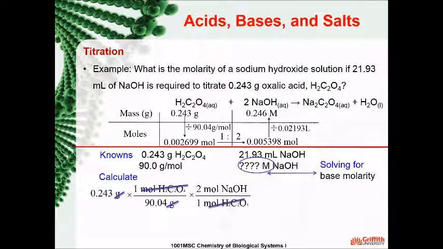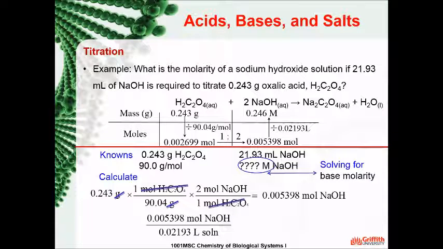Cancel the similar units, and the answer is 0.005398 moles of sodium hydroxide. The molarity of the base is the number of moles divided by the volume in litres, so 0.005398 over 0.02193 will give us the answer of 0.246 molar.